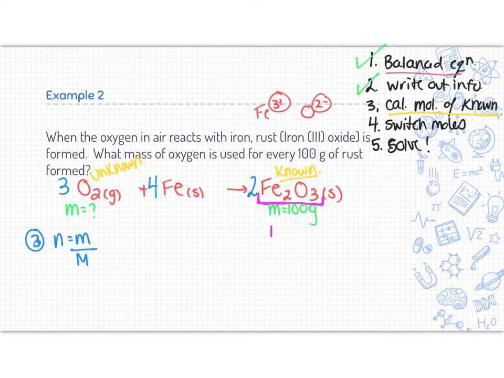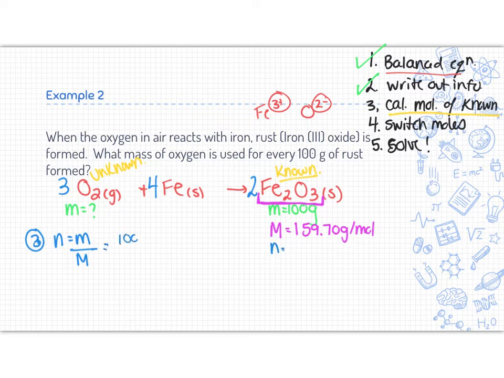Okay, the molar mass is 159.70 grams per mole. All right, so let's put that into our equation. We're going to calculate the moles of our known.